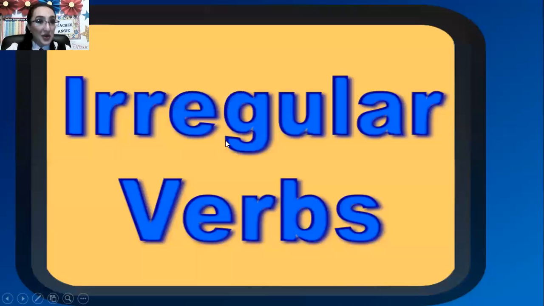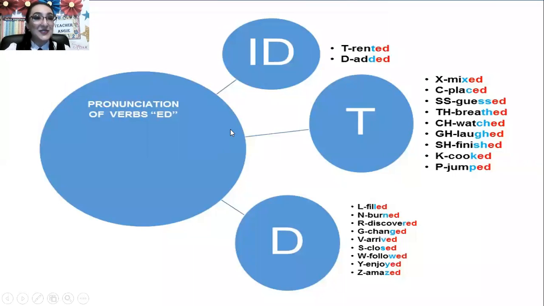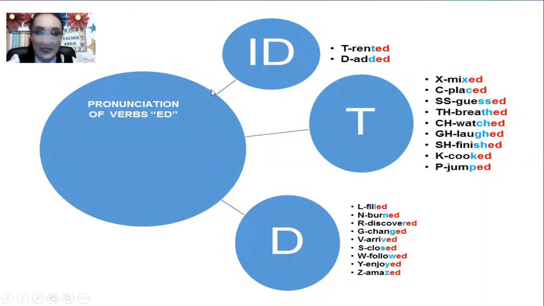So, we were talking about these regular verbs with the sound at the end, T or D. I'm going to be sending you more videos about this. Actually, let me write it. Finishing the class, I'm going to be sending you this.